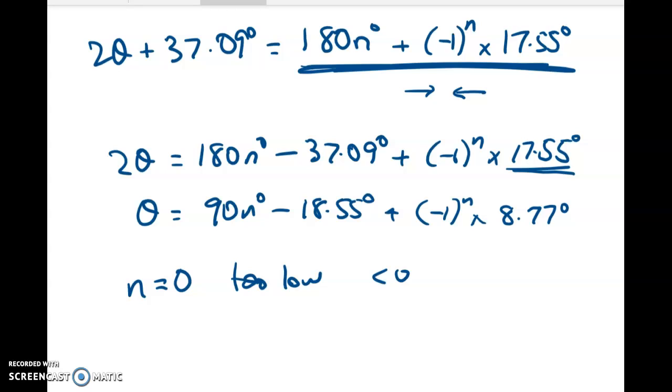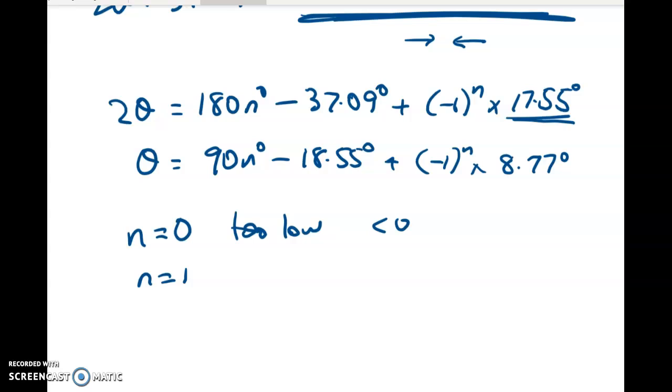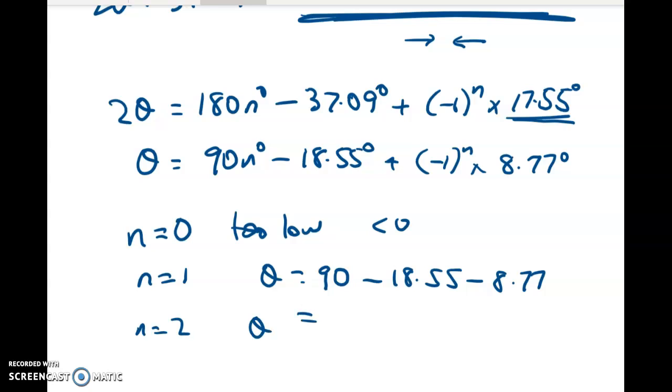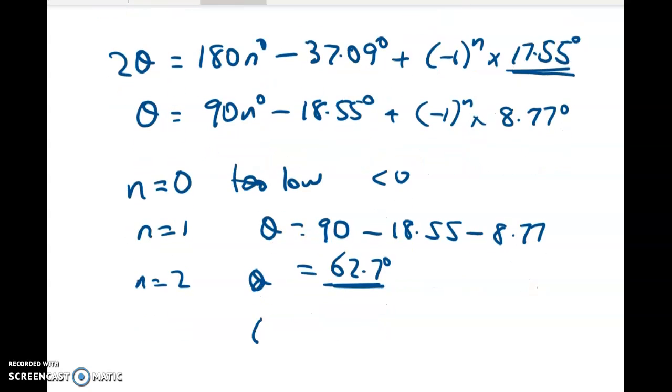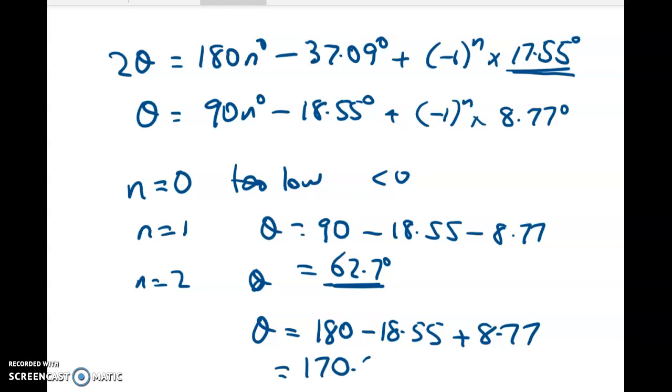That gives me less than 0. And then I substitute n equals 1, and that gives me theta is equal to 90 minus 18.55 minus 8.77, which works out to be 62.7 degrees. Then when I put in n equals 2, the flip is going to go the other way. I'm going to get 180 minus 18.55 plus 8.77, which gives me 170.2 degrees.